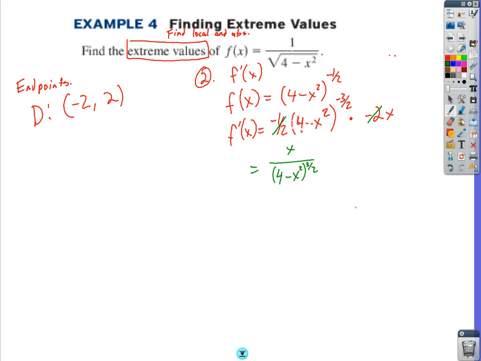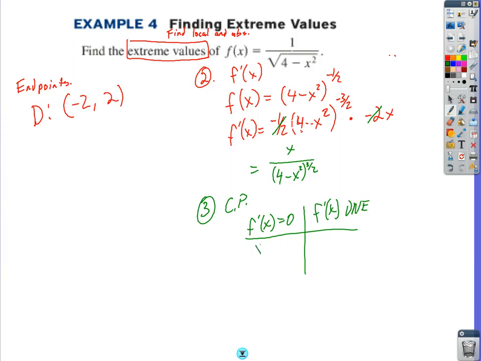Okay, great. So I go to step 3, find my critical points. My critical points are when f prime of x is equal to 0, and where f prime of x does not exist. So where does f prime of x equal 0? Well, that's when the numerator equals 0, and that's when x is equal to 0. I check, is x equal to 0 inside my domain? Yes, it is. So those are good points.